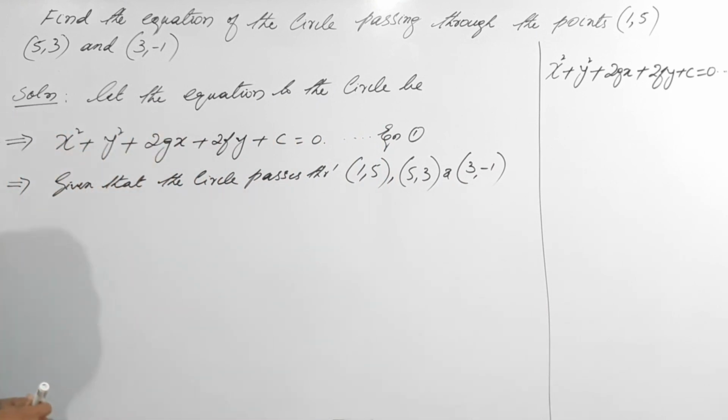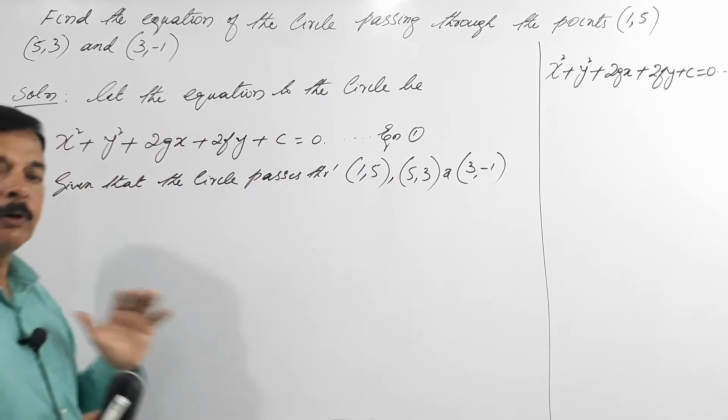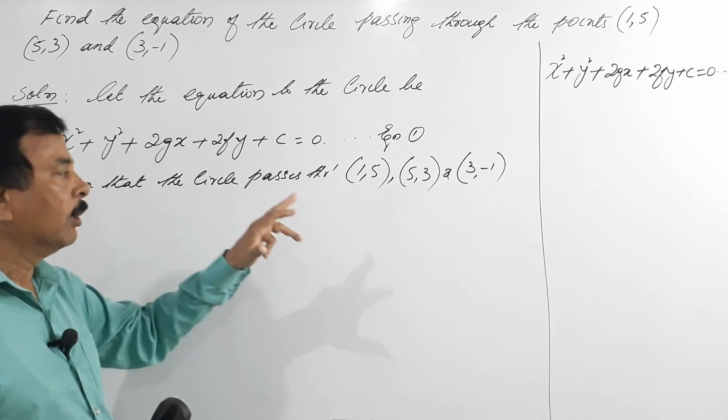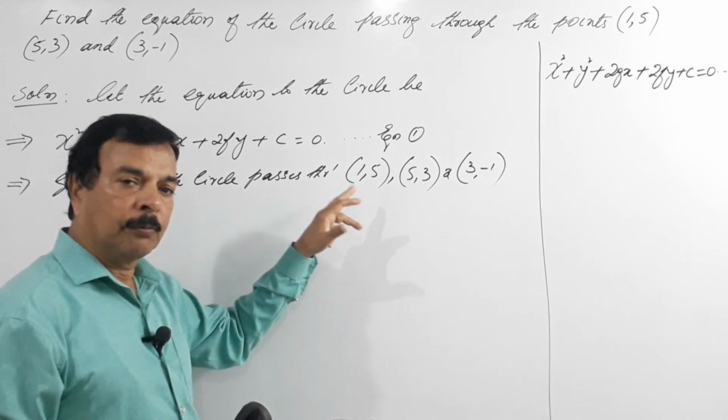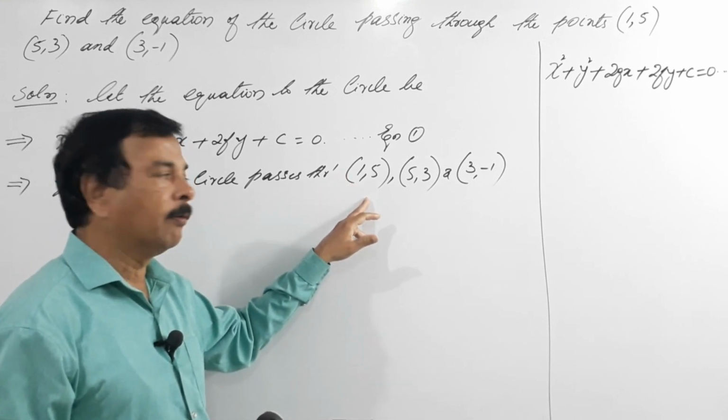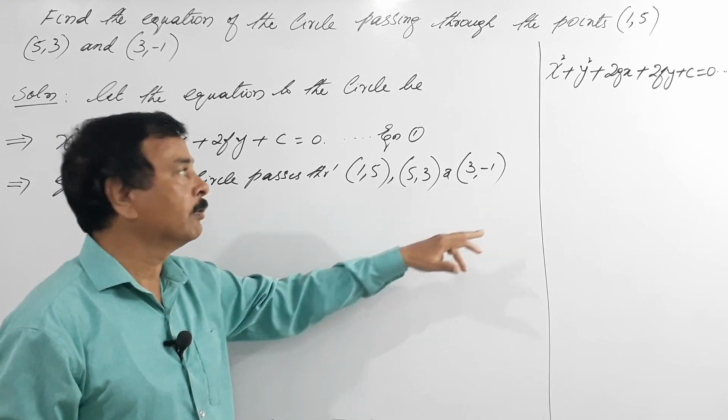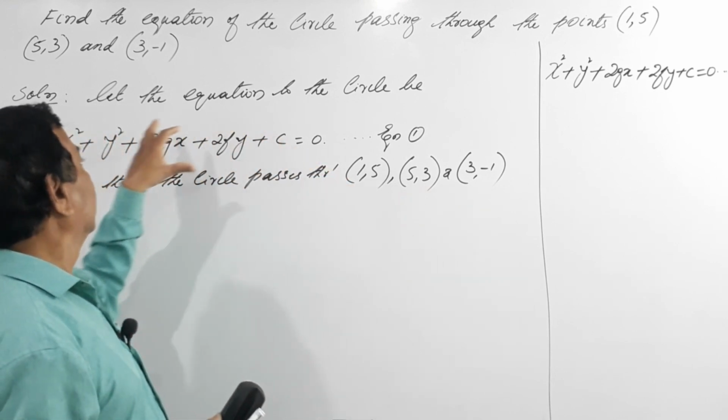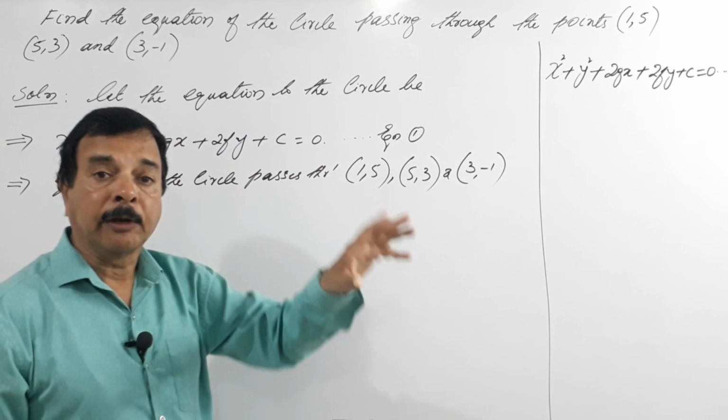So after coming to this stage, we'll take the points (1, 5), (5, 3), (3, -1) and substitute in equation 1 one by one.